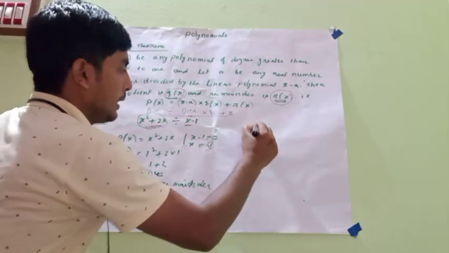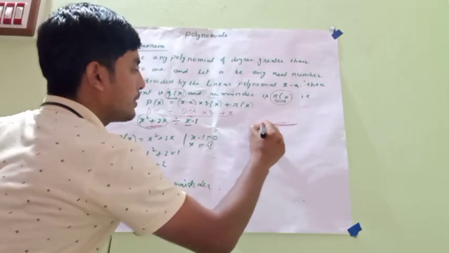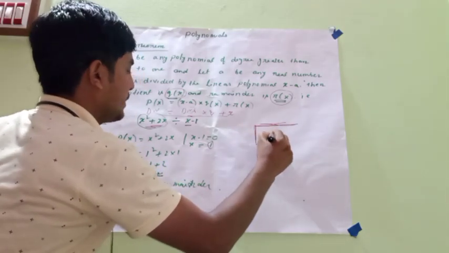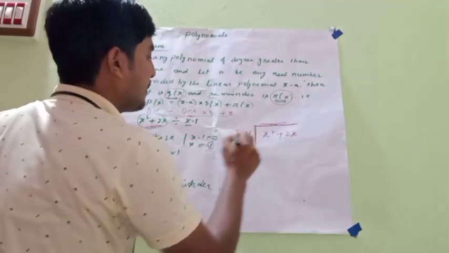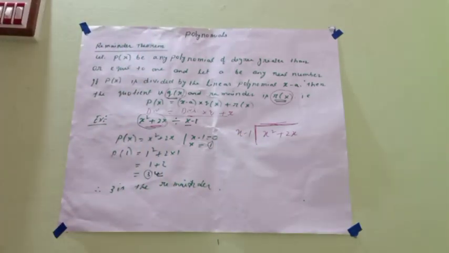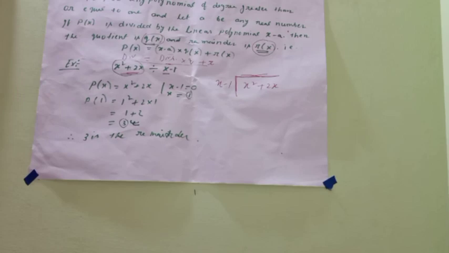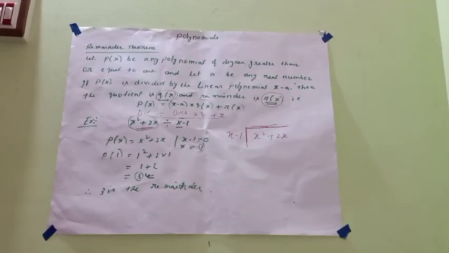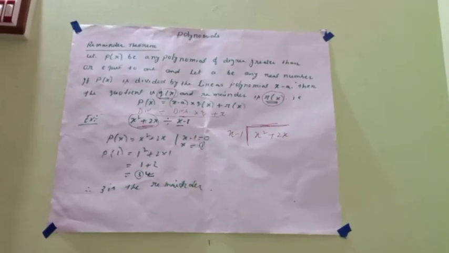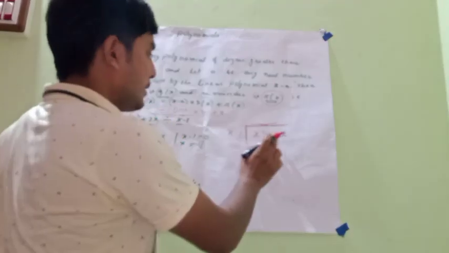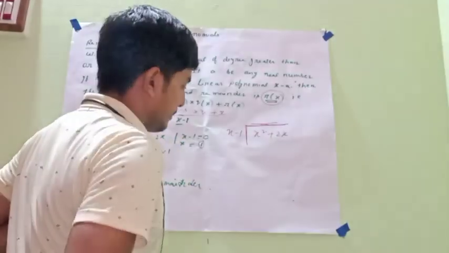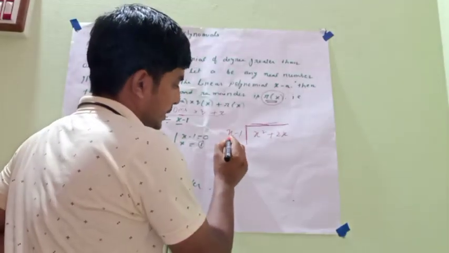If you use the long division method, x square plus twice x divided by x minus 1. Now, see how to divide.